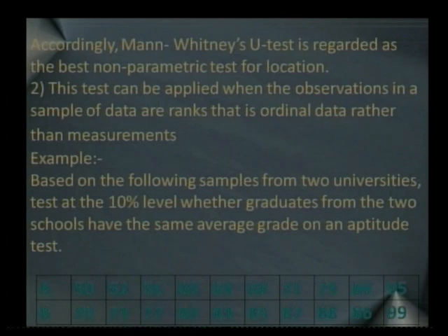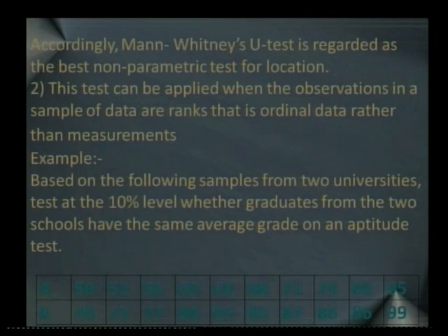So again, the note which we were calling the Mann-Whitney test. I have also told you that the Mann-Whitney U-test is considered to be the best among the non-parametric tests, because when asymptotic relative efficiency was considered, the value which came was 0.86, which is better than the t-test.